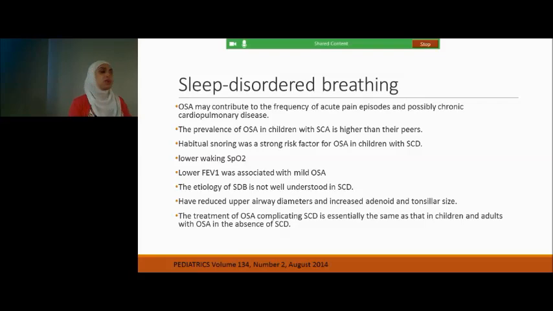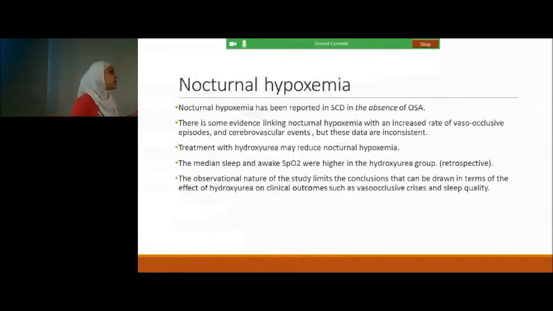Now, screening is important, especially when you have overweight patients, habitual snoring, or recurrent acute chest syndrome, because you're not only looking for obstructive sleep apnea, but you are also looking for nocturnal hypoxemia, which was found to be very common in kids with sickle cell disease, although they don't show signs of obstruction on their sleep studies, but they show unexplained hypoxemia.